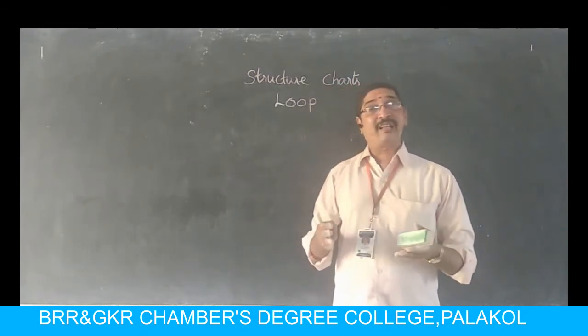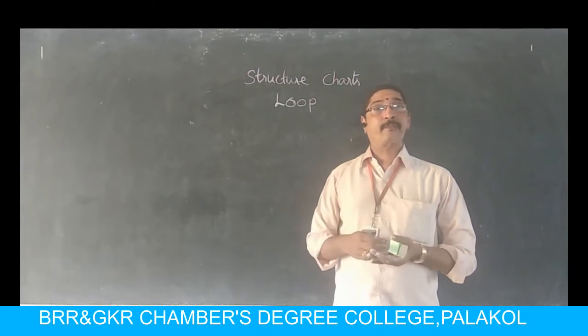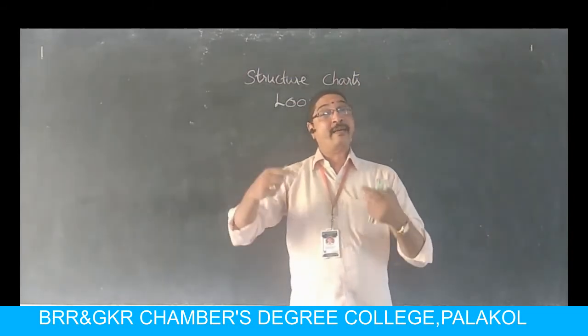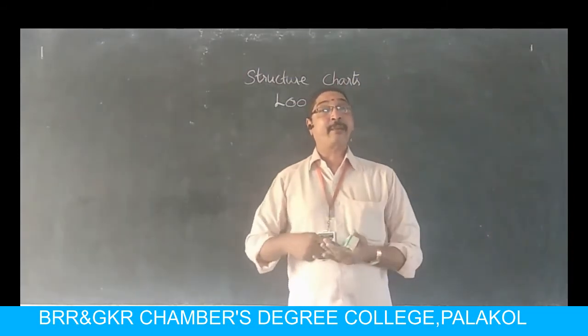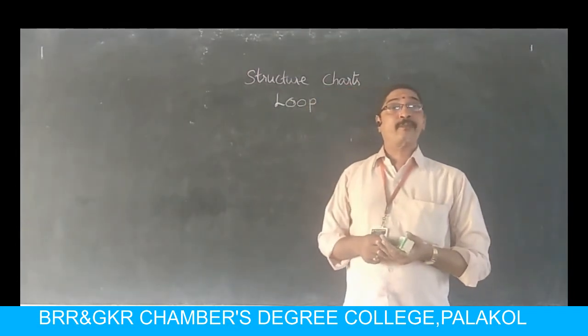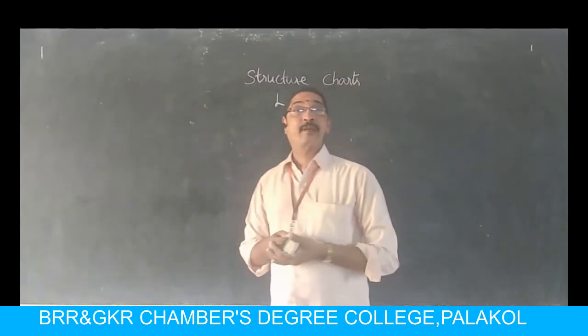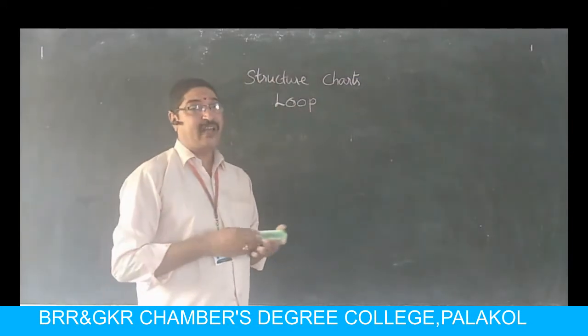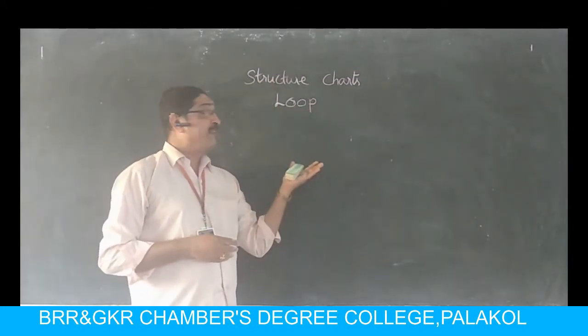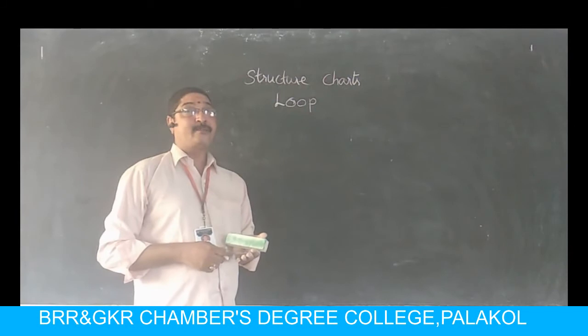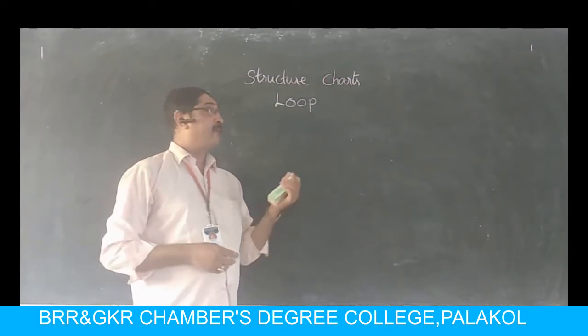When the given condition is false, the execution will be stopped. Similarly, a loop means repeatedly doing the same thing until the given condition is false. In structure charts, loops can be represented like this.